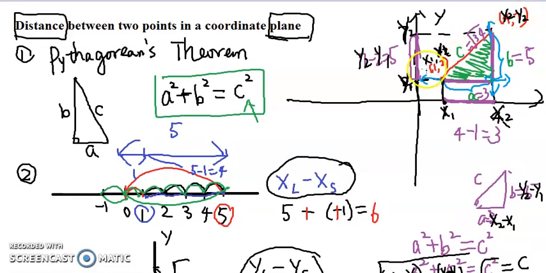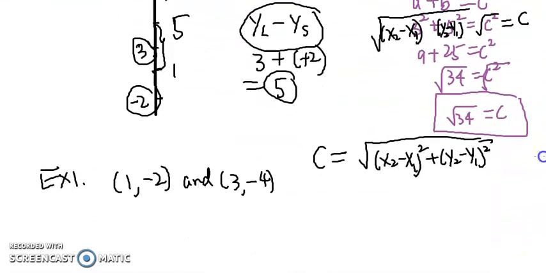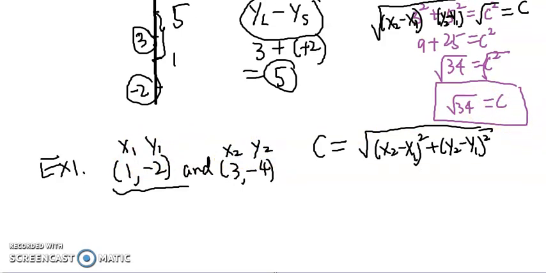Because we have 2 points, that's why we name x1, y1, and this is x2, y2. So similarly, we can name this one x1, this is y1. First number x, second number y, but this is the first point, so I use subscript 1, and for the second one we use subscript 2 to distinguish between them.